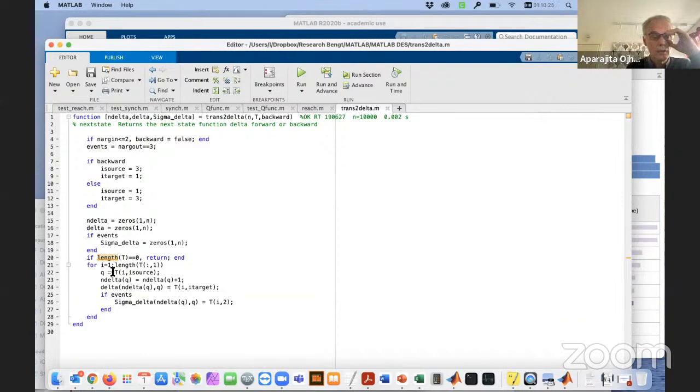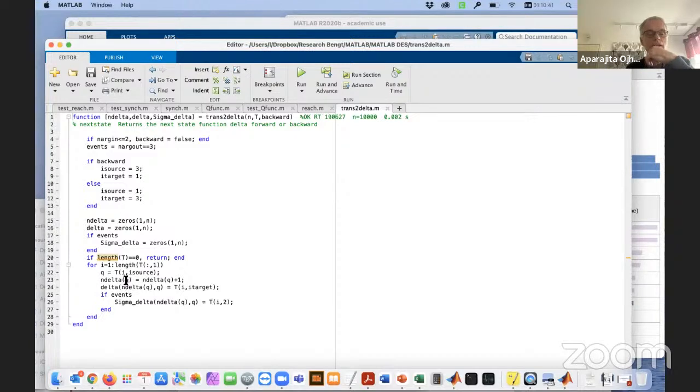Then I say that Q, for every transition, is the source, so it means forward that it's T(i,1).